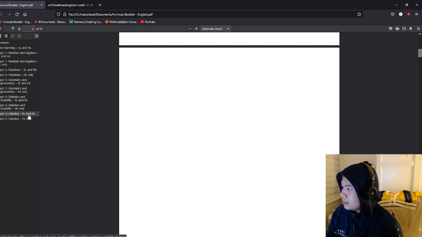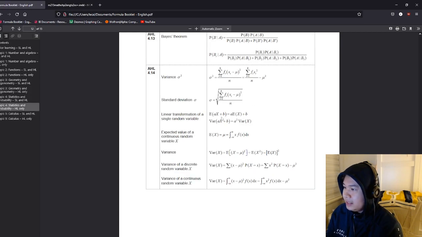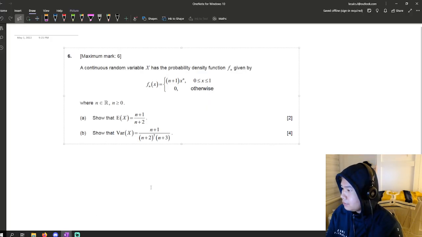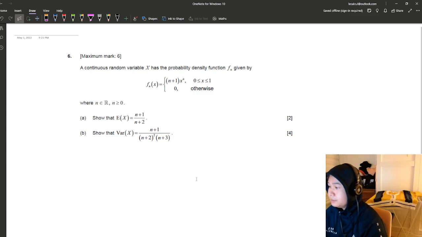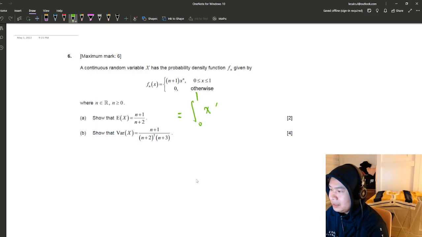And then just go to the statistics. Right here in the HL section is how you do the expected value of a continuous variable. So we're just going to do the same thing. This is just going to be the integral from 0 to 1 of x times our probability density function.